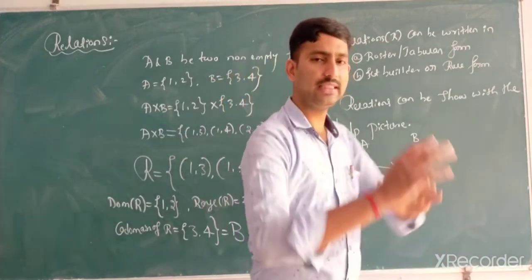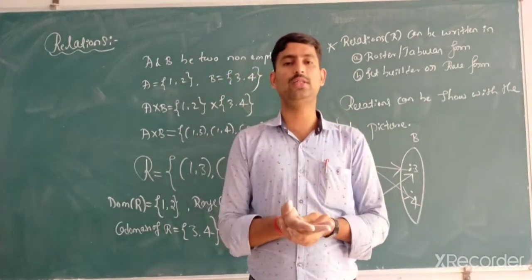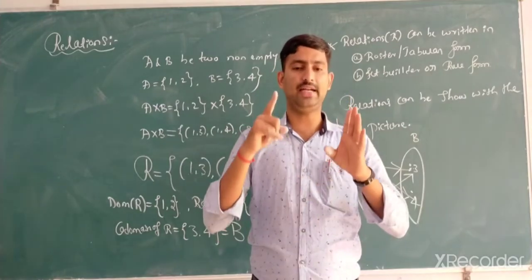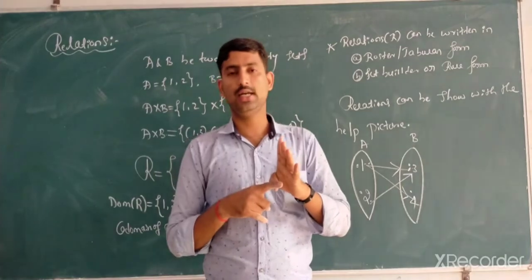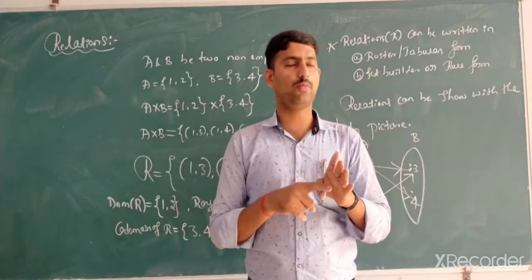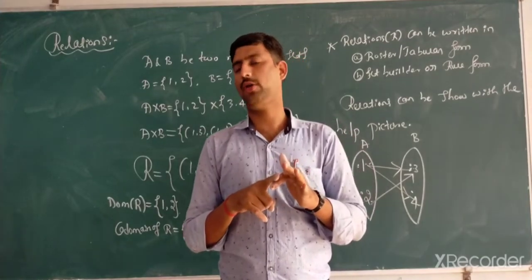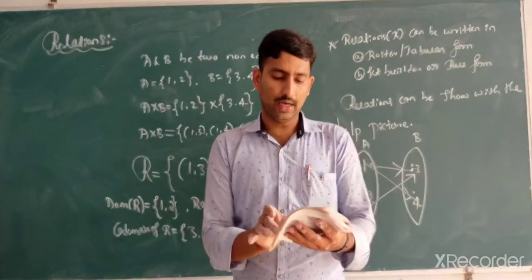In view of these, keep in mind that relations can be represented with the help of a picture representation, that is graphical representation, and relations can be written in set builder form or rule form, or roster or tabular form. I think this is the beauty of a relation.